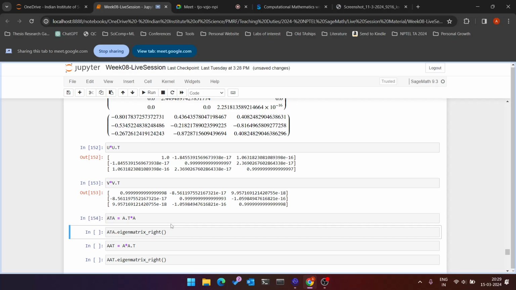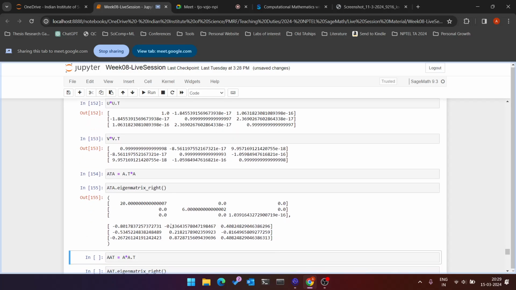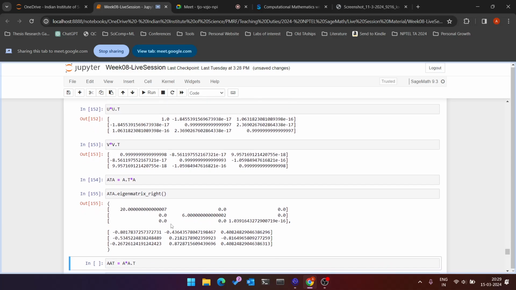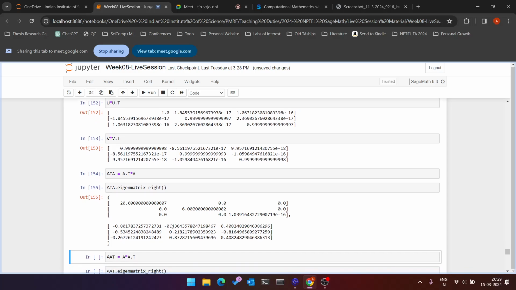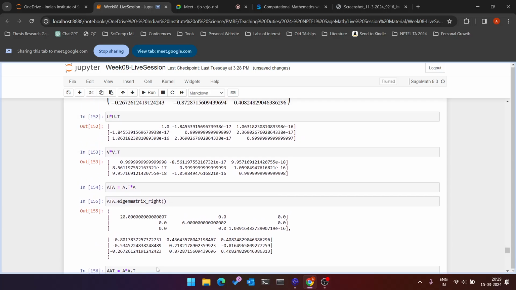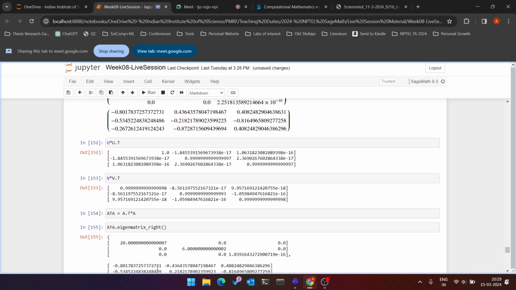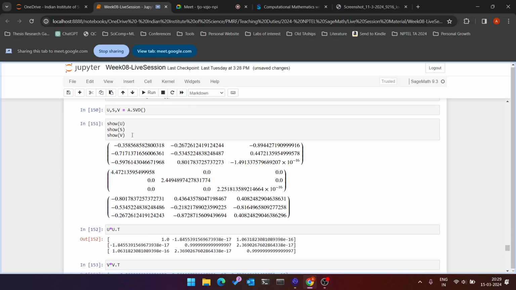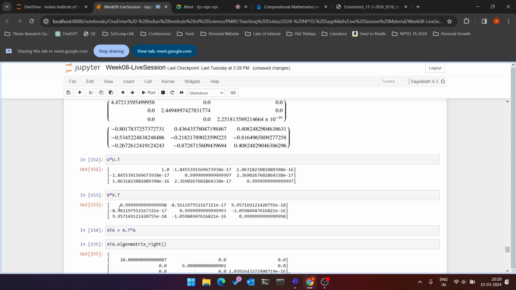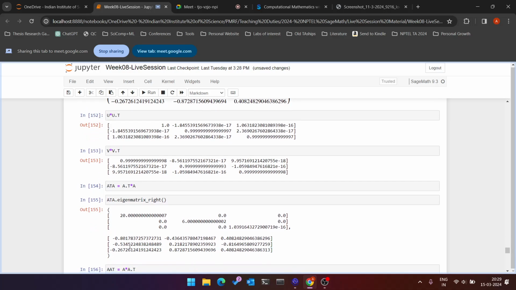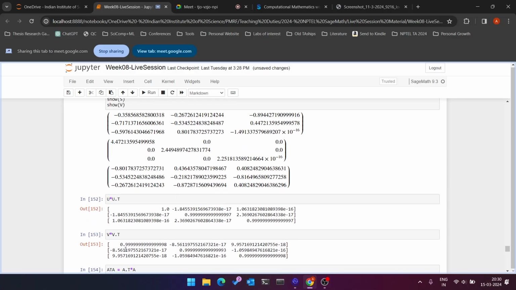So just to check that, I'm calculating the eigenmatrix of A transpose A, and if I do the same for A A transpose, this is how you can see U to be this, minus 0.35 and 0.71, 0.59, and V to be minus 0.81, 0.53, and 0.6, minus 0.26.